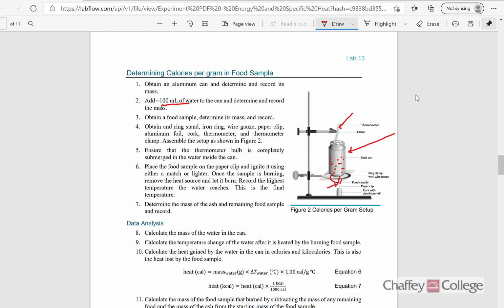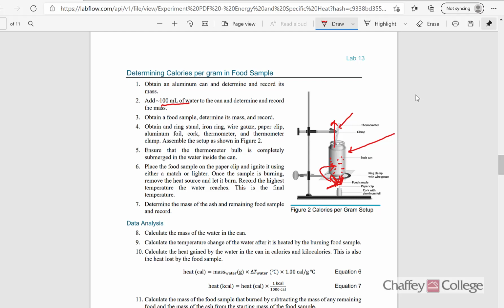Once it burns, it releases all the heat, and that heat energy gets transferred to the water. Once the water absorbs the heat from the food sample, the temperature of the water goes up. Once all the food item is burned, it means all the calories are transferred to the water, and then we note down the highest temperature of the water.